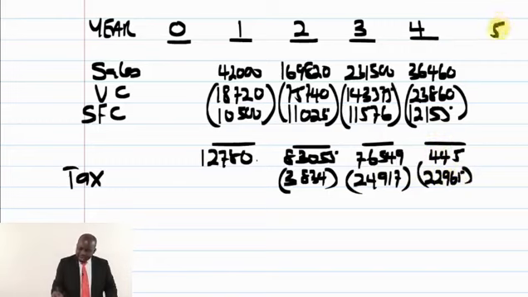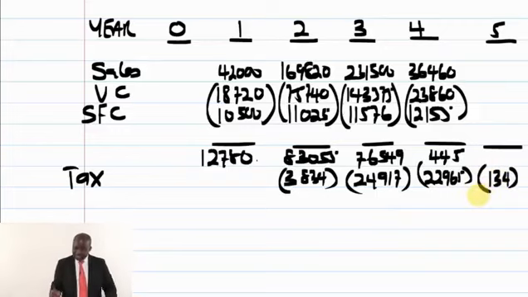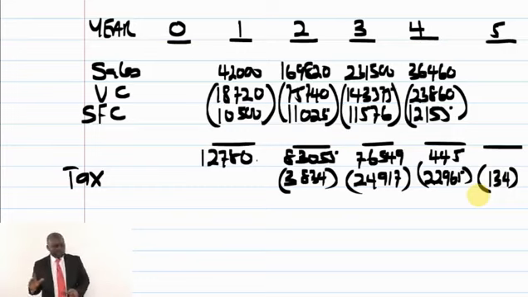And this is the time I will create my year 5, and 30% of the 445 should give you 134. The moment you finish this, then you haven't finished completely with tax, because we also have to sort out tax savings on capital allowance.